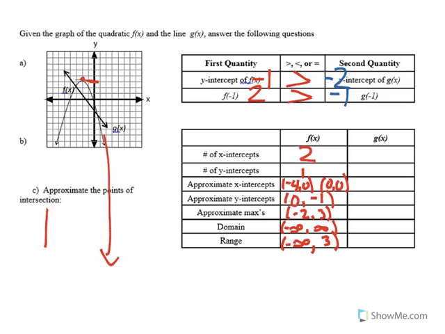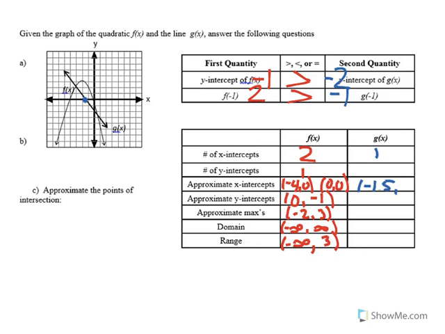So now let's take a moment and look at the straight line for g of x. It has only one x-intercept right about here, about -1.5. So it only has one, and it's right about -1.5.